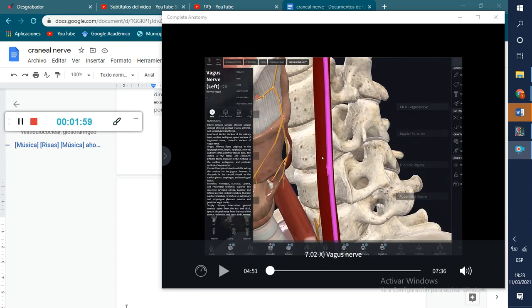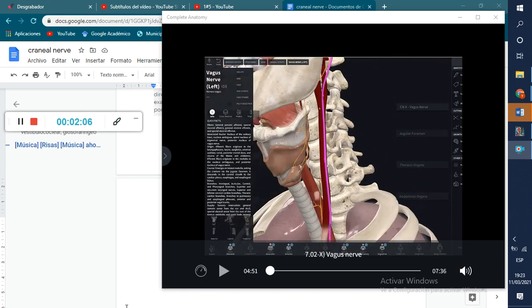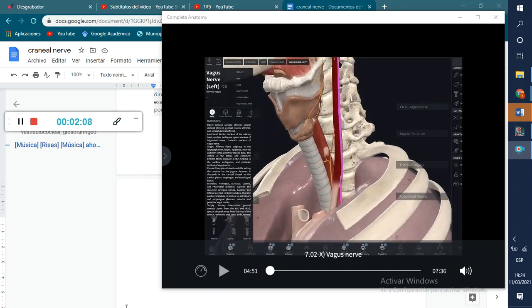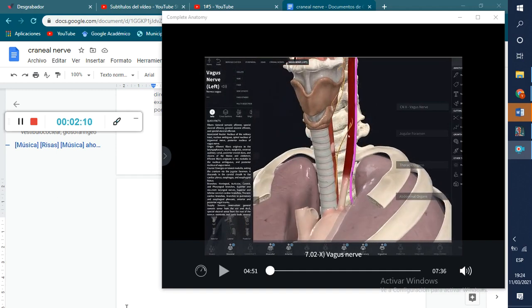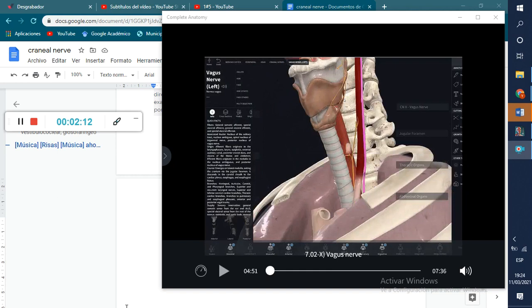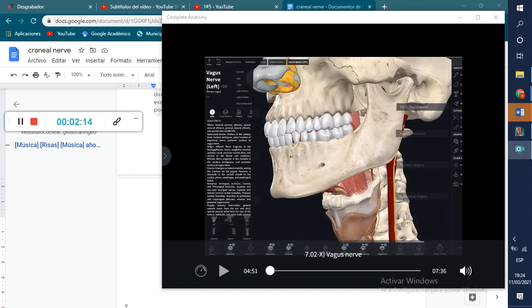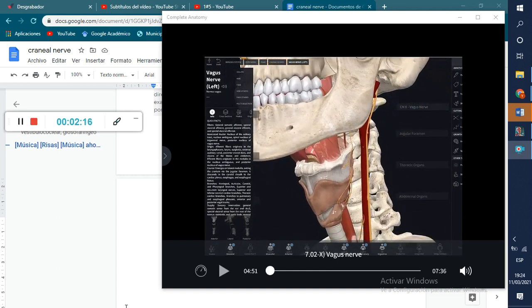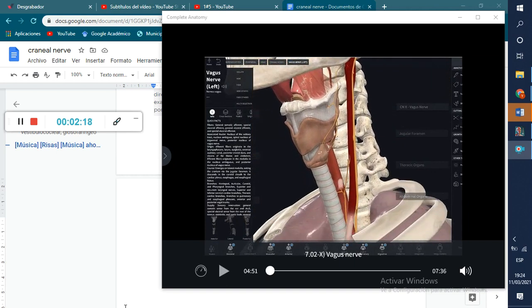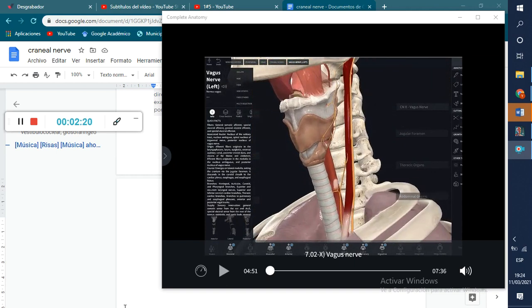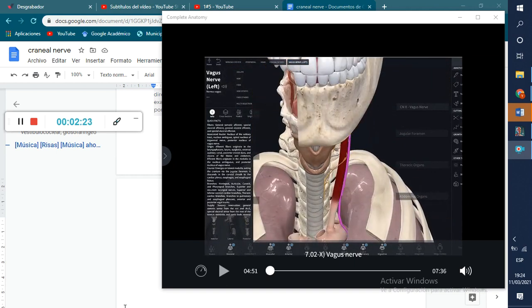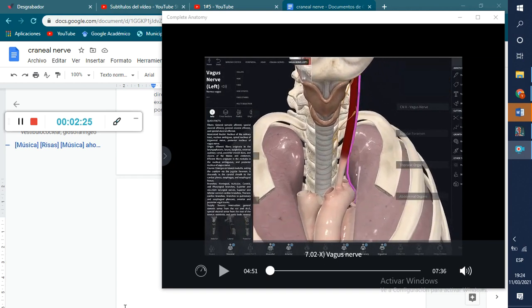It's the common carotid artery, or later on the internal carotid artery, and the internal jugular vein. And so it continues all the way down to the root of the neck. And on its way, it's going to supply branches to the palate of the mouth, to the pharynx, and to the larynx, importantly.